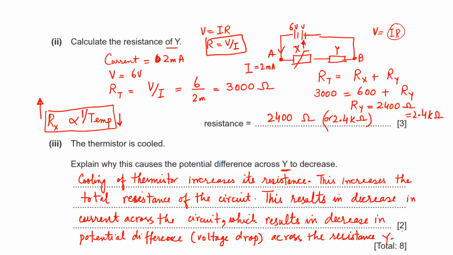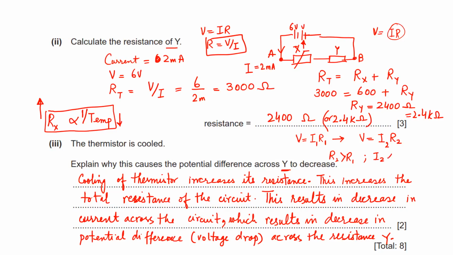Y. Okay, so in terms of explaining it, initially we have resistance R1 and current I1. V is constant. What happened now is that R2 is greater than R1, so this will result in a decrease in the value of I2.